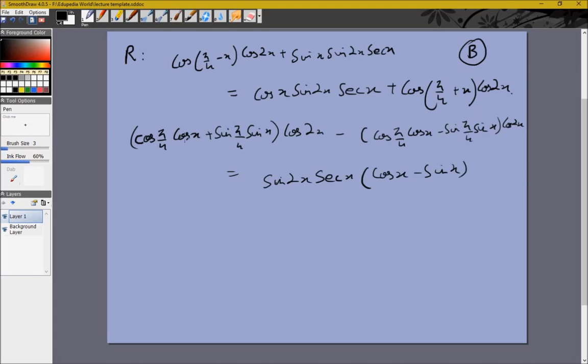But cos pi by 4 cos x cos 2x cancels, and what we are left with is 2 sin pi by 4 sin x cos 2x.